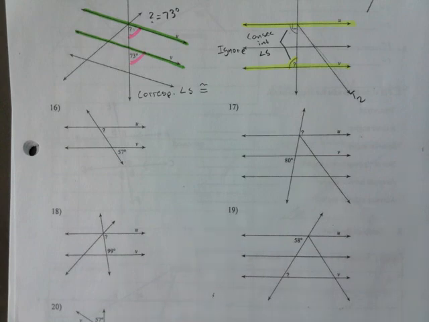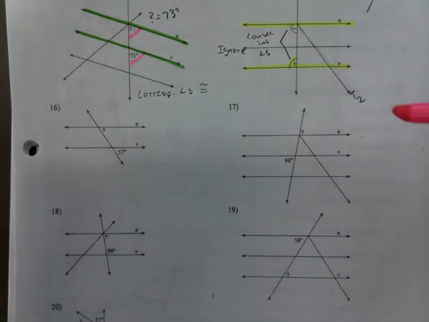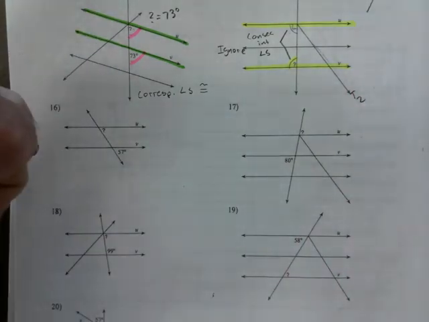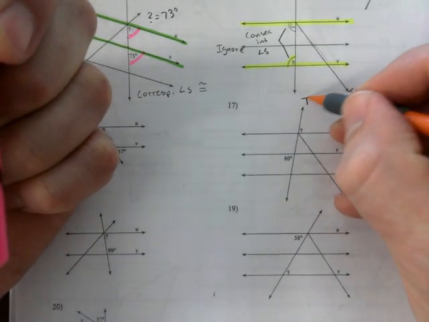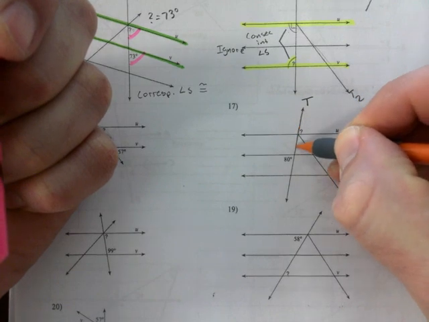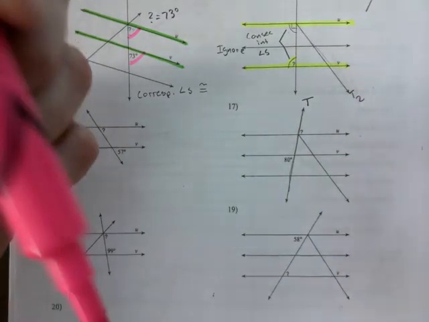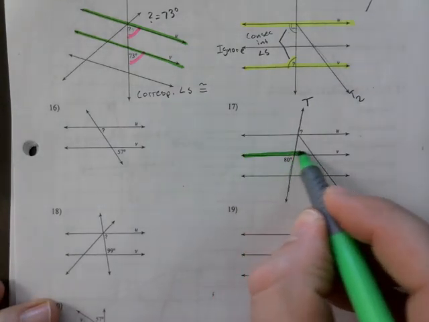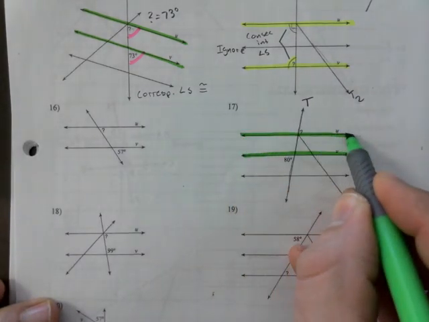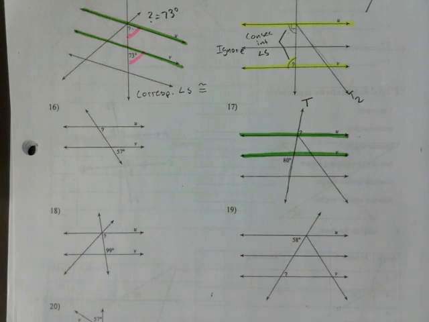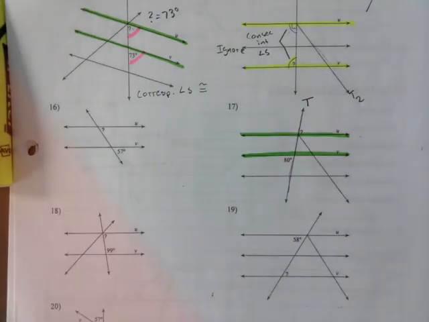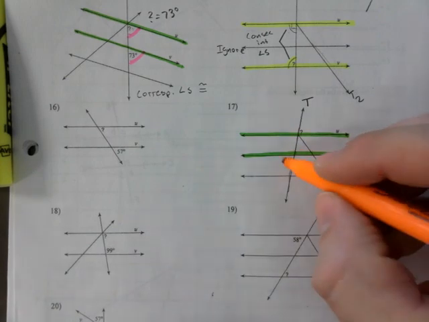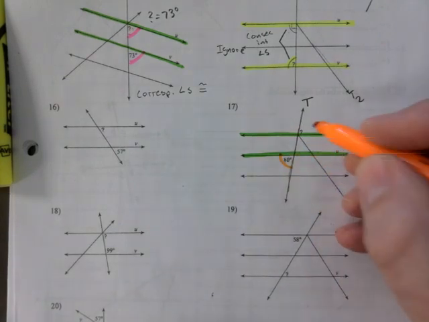I'm looking at 17. I'm considering this transversal here. That's the one I'm going to focus on, and along that transversal there's a bunch of angles. The two lines that I'm trying to figure out whether or not they're parallel are these two. The two angles that I'm going to consider, that I'm pretty sure I have a name for, would be these two.